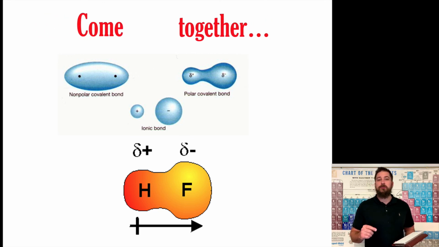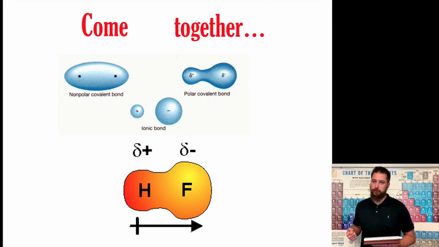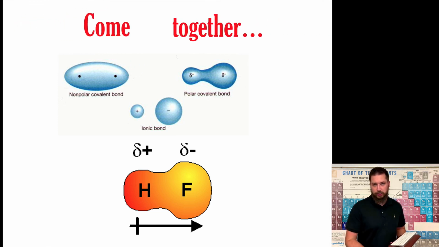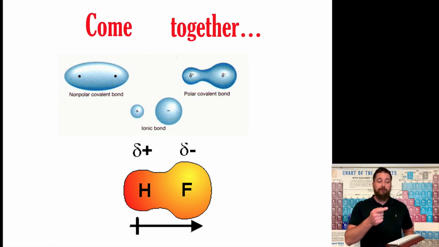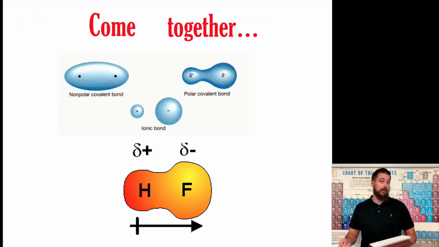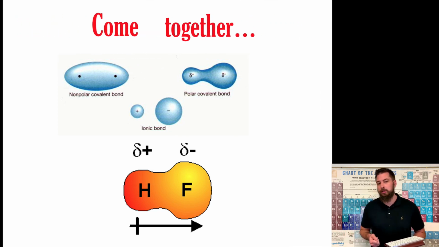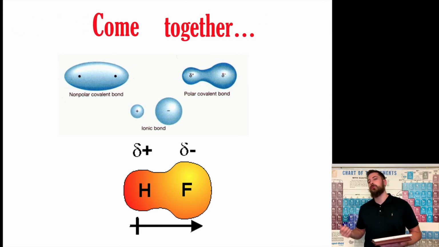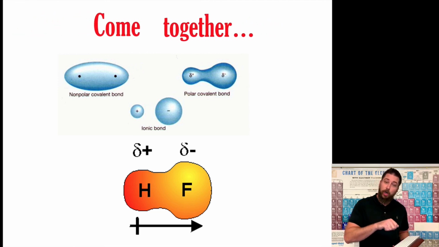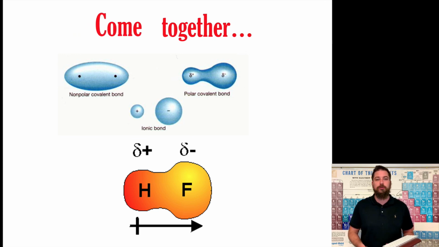Fluorine would have to completely pull those electrons away, and that is what an ionic bond is. However, in this situation, fluorine is still sharing the electrons with hydrogen. It's just pulling those electrons closer to itself. Again, because those electrons are being pulled away from hydrogen, hydrogen becomes a partial positive, but not a full positive because it's still sharing those electrons.